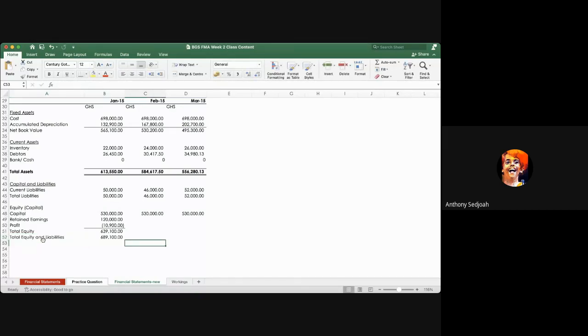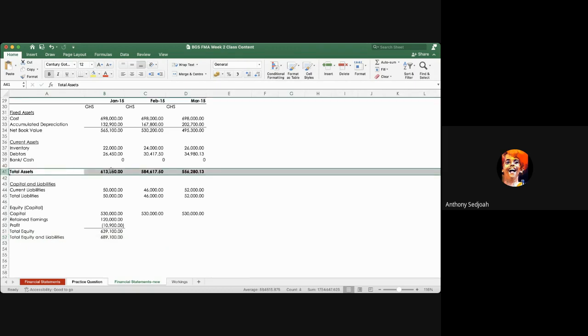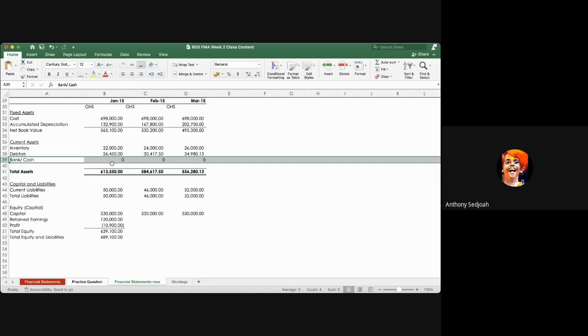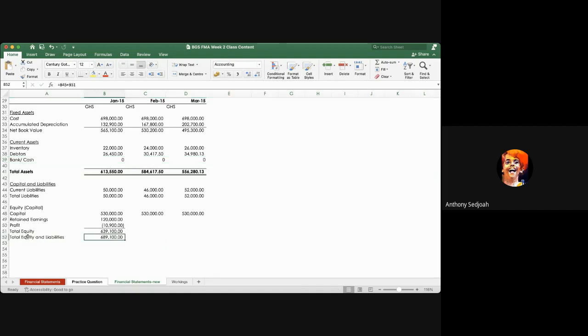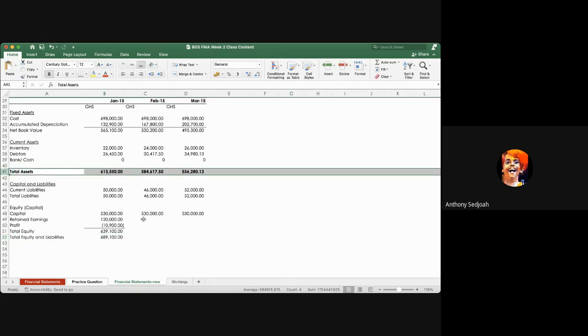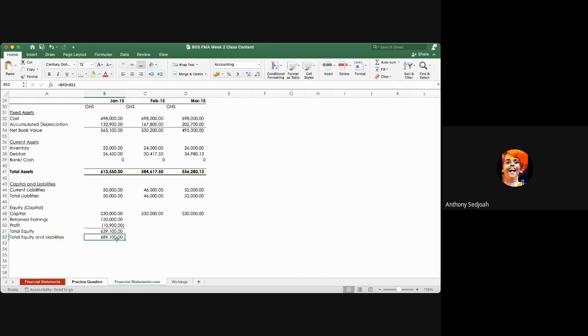So this figure, this 689,100, is supposed to be the same as the total assets, but it's currently not the same because we've not yet found the closing balances for our bank and cash. So when we find the closing balance and we put it there, the total asset should be the same as this. And this is going to be the final step.